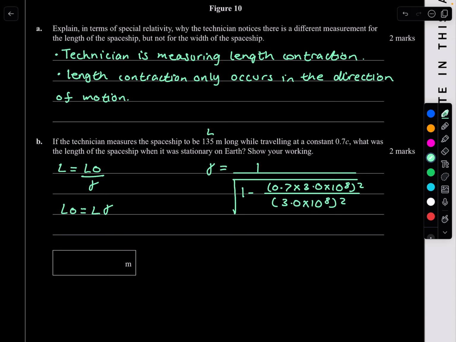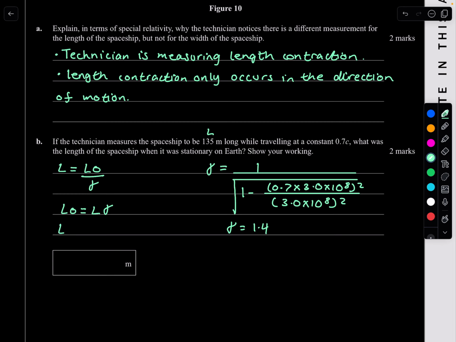So that's going to give me my Lorentz factor. That's going to be 1 over the square root of 1 minus (0.7 times 3.0 times 10 to the power 8) squared over (3.0 times 10 to the power 8) squared. So that gives me basically 1.4.